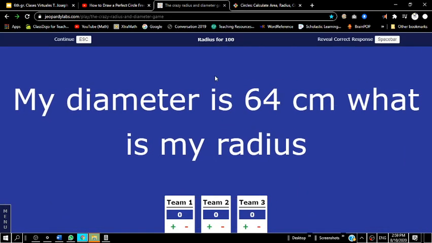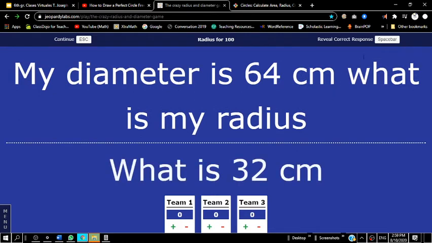My diameter is 64 centimeters. What is my radius? Well, 64 divided by 2 would be the radius, so it must be 32. Let's see. 32 is correct. All right. Let's go to the next question.